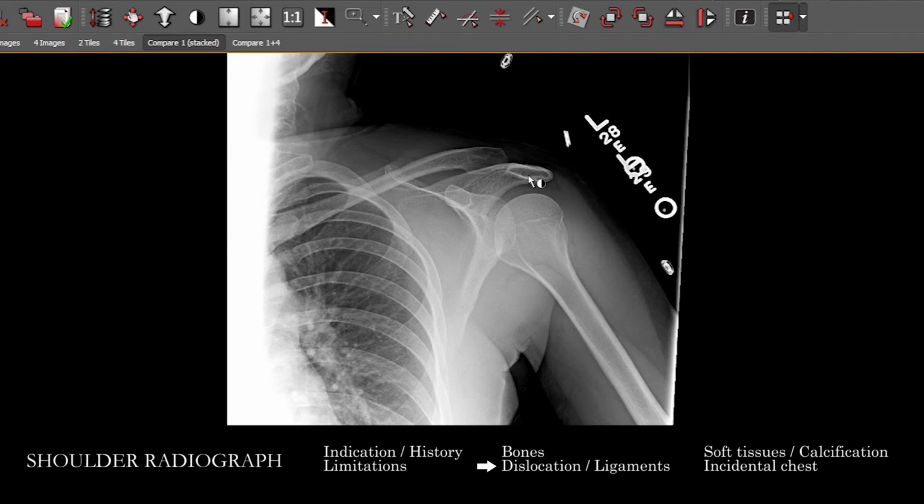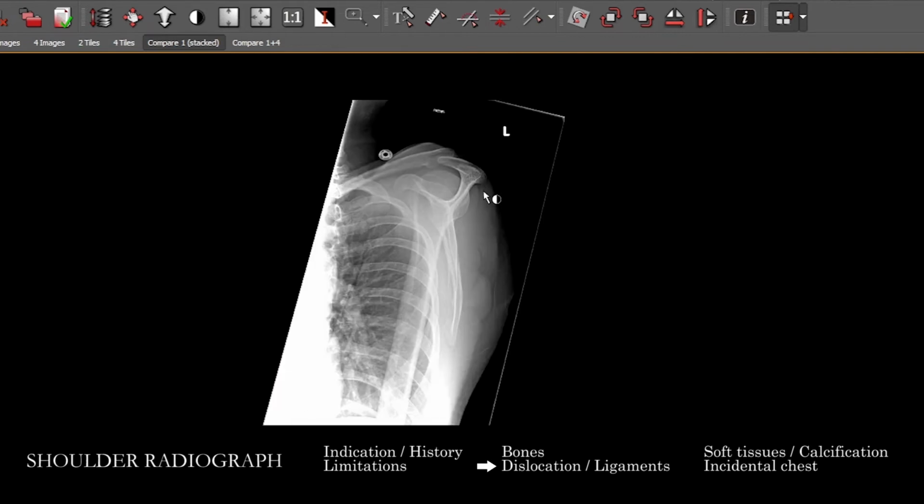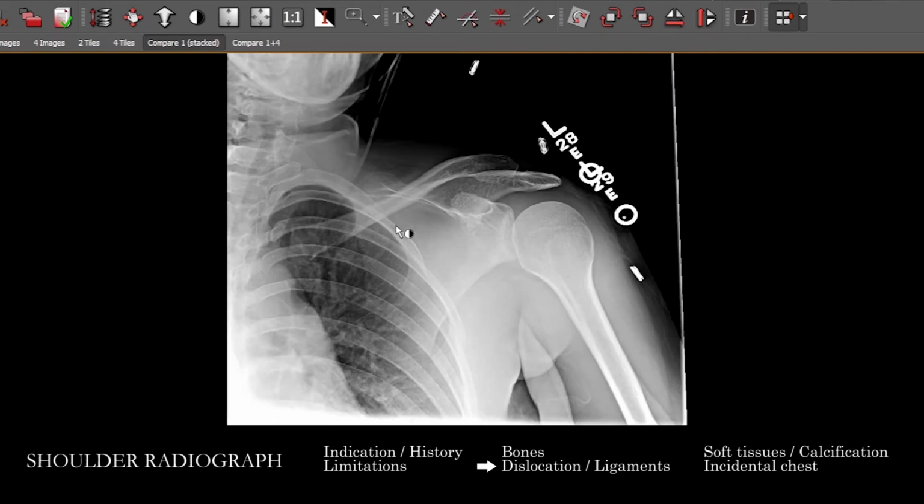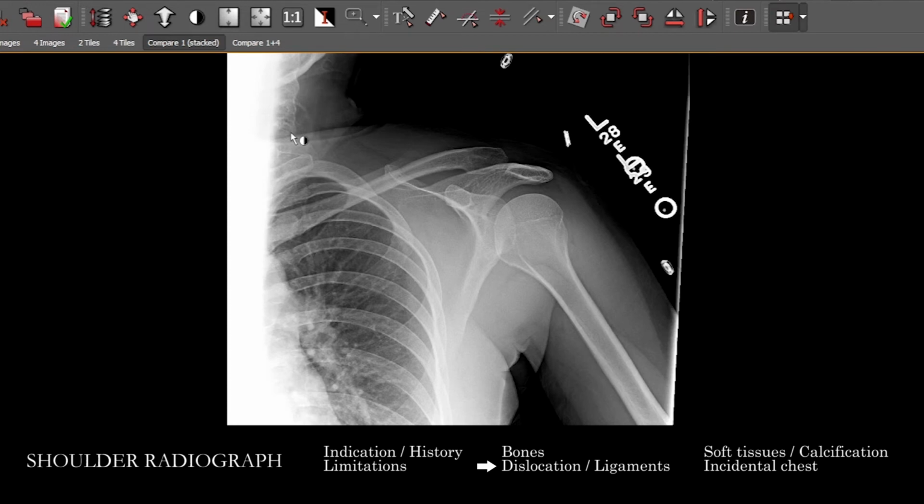If you have an axillary view, that can be particularly helpful in addition to the scapular Y for looking for anterior-posterior dislocation. In addition to looking for osseous lesions, dislocation, and ligamentous abnormality, you're going to look for degenerative changes: the usual osteophytosis, sclerotic change, and cystic changes at the joint spaces, the acromioclavicular and the glenohumeral.